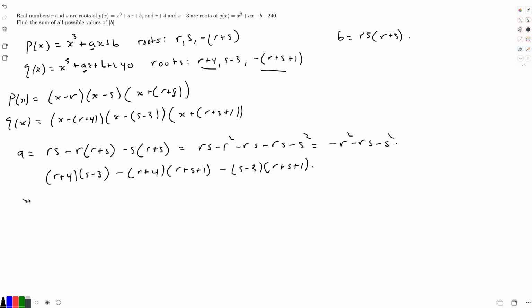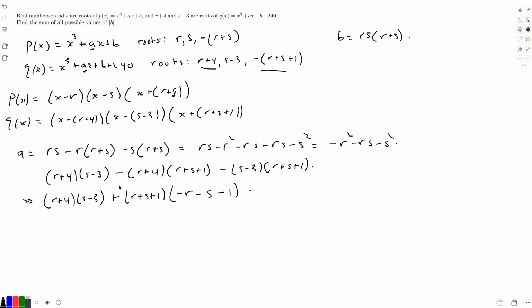We can now simplify this a little bit as (r plus 4) times (s minus 3), and we can factor out the (r plus s plus 1), and then we'll get a remaining of negative r minus 4 minus s plus 3, so negative r minus s minus 1. Okay, so (r plus s plus 1) times negative r, negative s, negative 1.